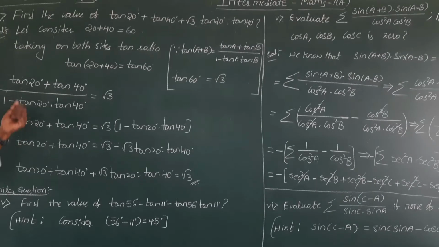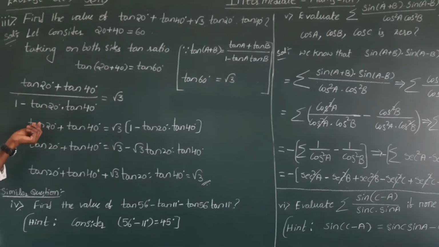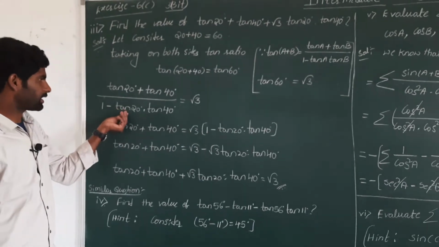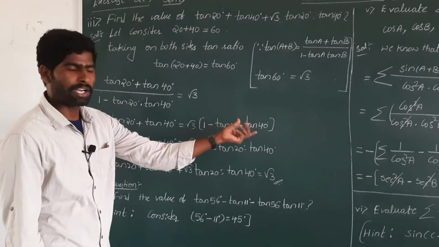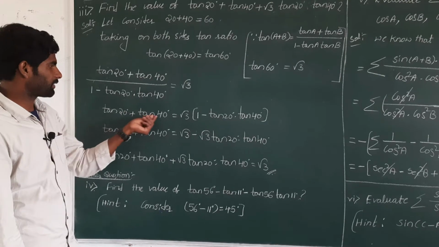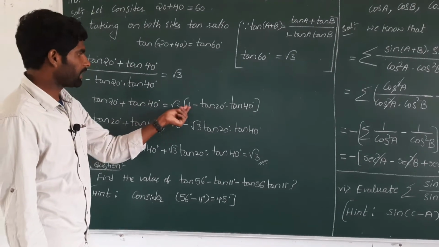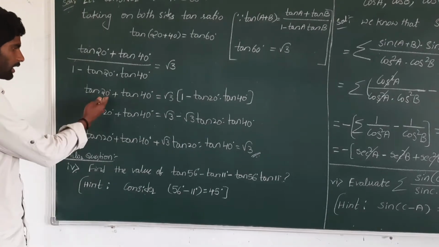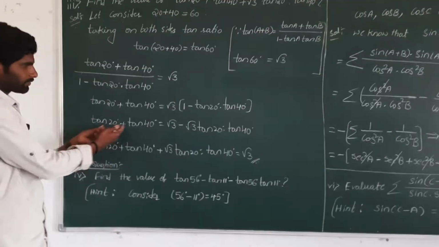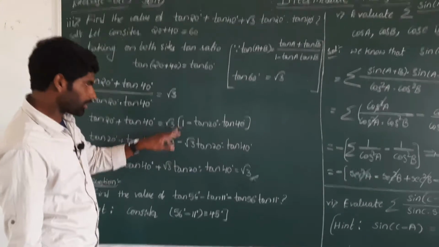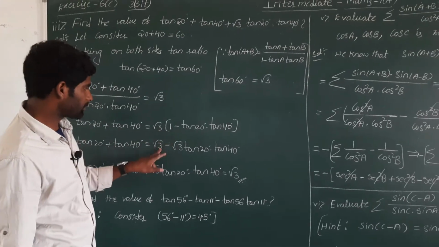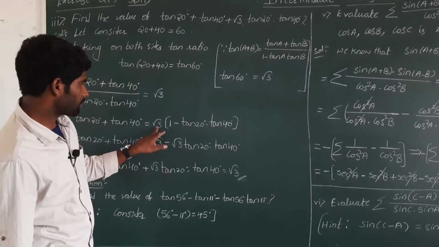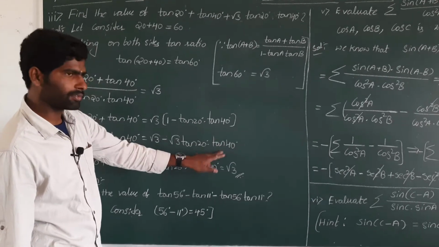The denominator, which is division, we can take to the right side, where it becomes multiplication. Tan 20 plus tan 40 is equal to root 3 times 1 minus tan 20 into tan 40. Root 3 into 1 is root 3, and root 3 into the other term gives root 3 minus root 3 tan 20 tan 40.